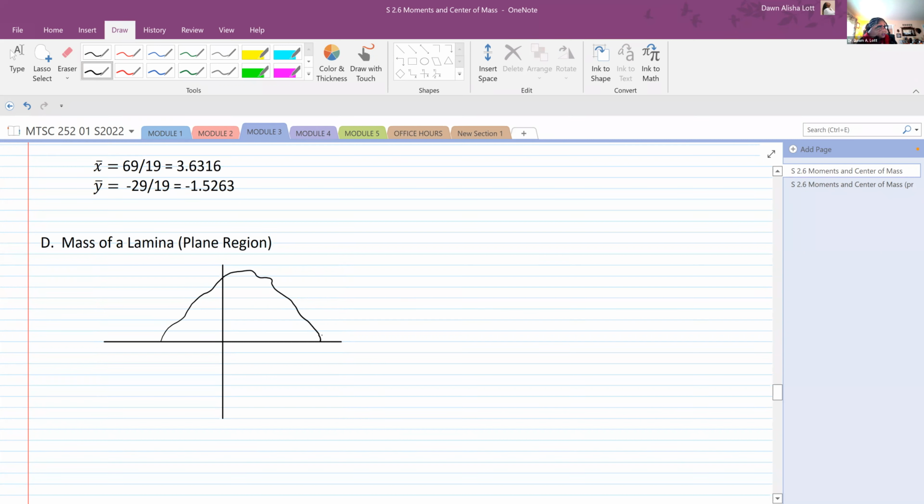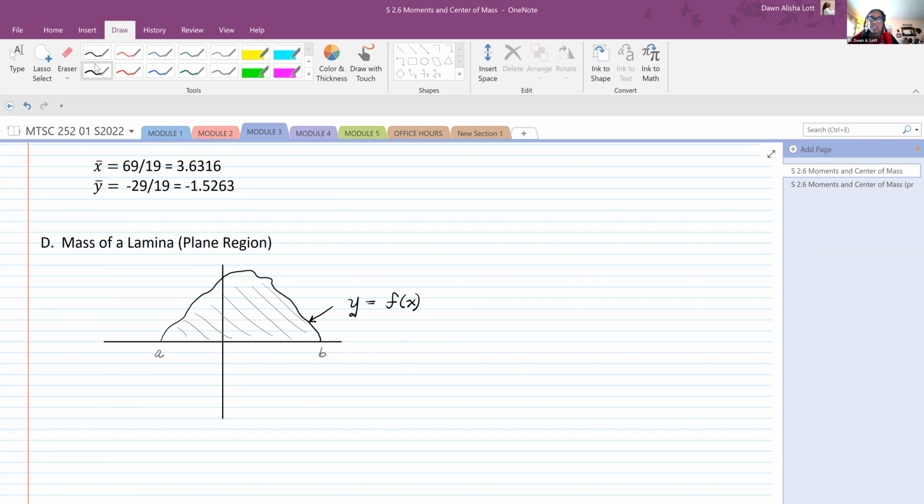So here's my mass, and this curve is y equals f of x. This under here is my region, the whole region. I need to find the center of mass of this region, given it goes from some a to some b.